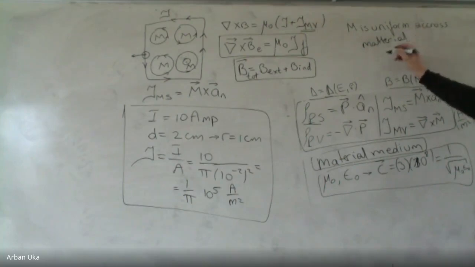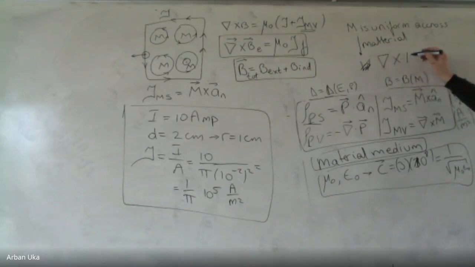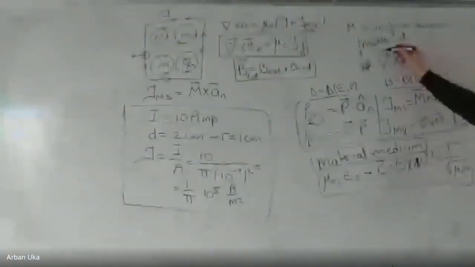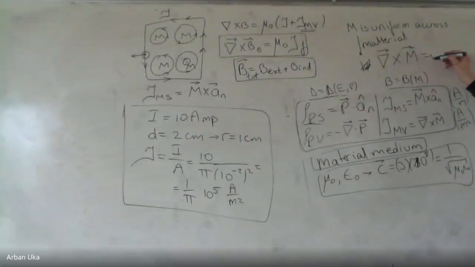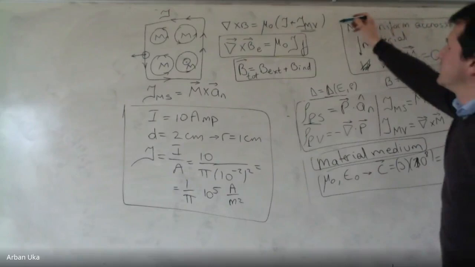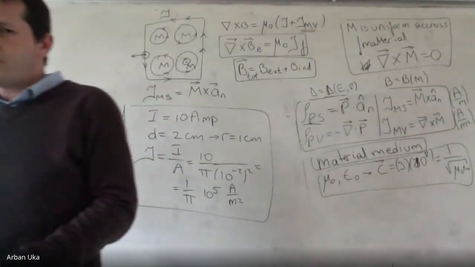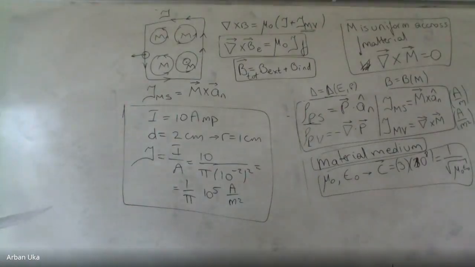If it is uniform across the material, then the curl of M, or the space derivative of M, will be equal to 0. So if you are ever considering this new term that will show up, we are assuming a region which is not uniform, for several reasons.